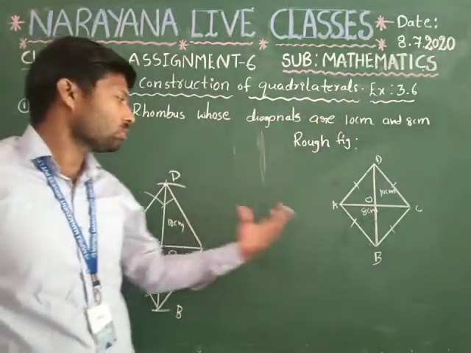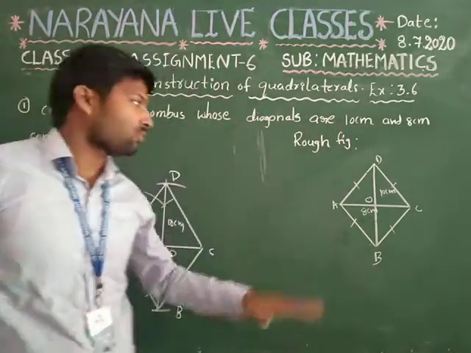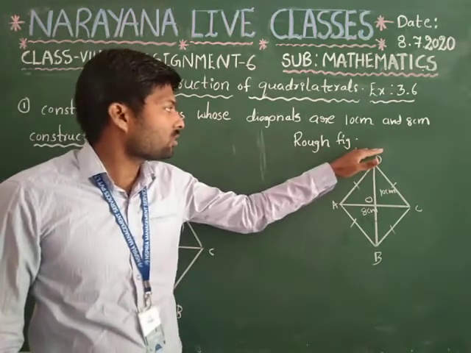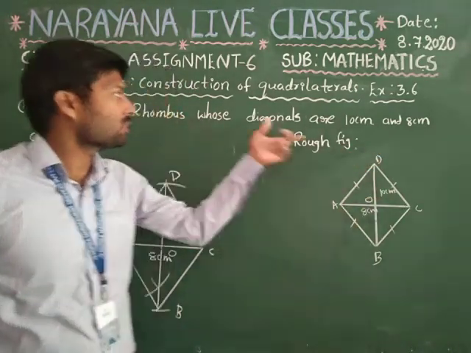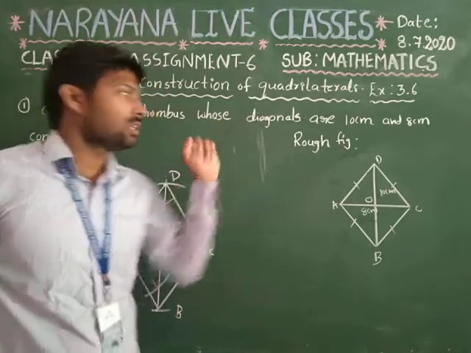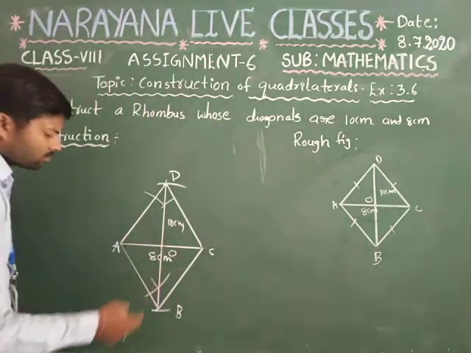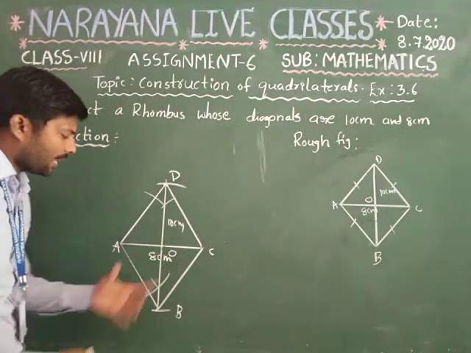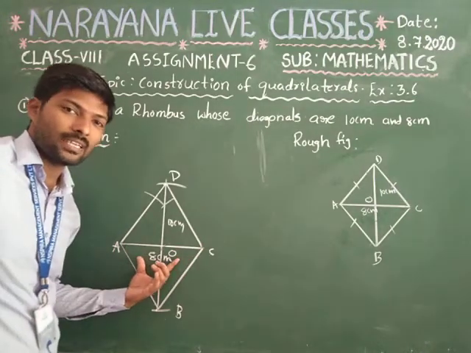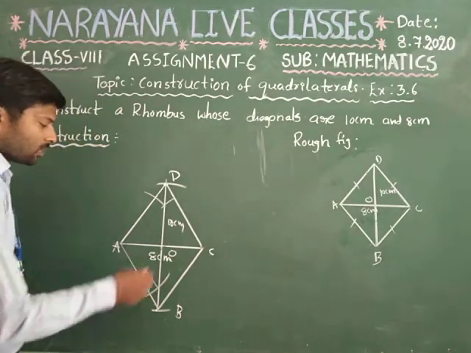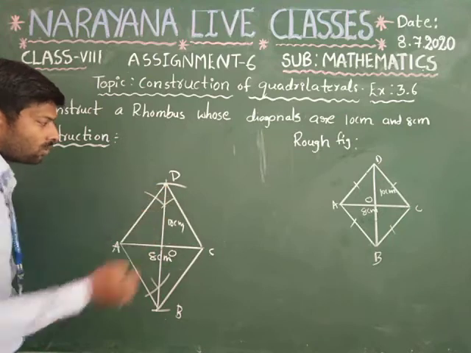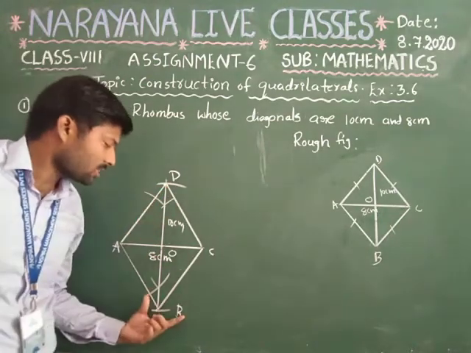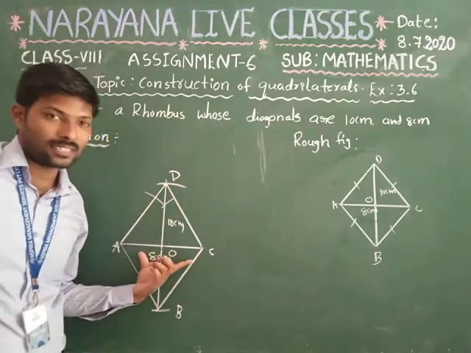After that we have to write the steps of construction. The first point you can write: draw the rough figure and label it based on the given measurements of the rhombus. The second point: draw a line segment AC whose length is 8 centimeters, and draw the perpendicular bisector of line segment AC.